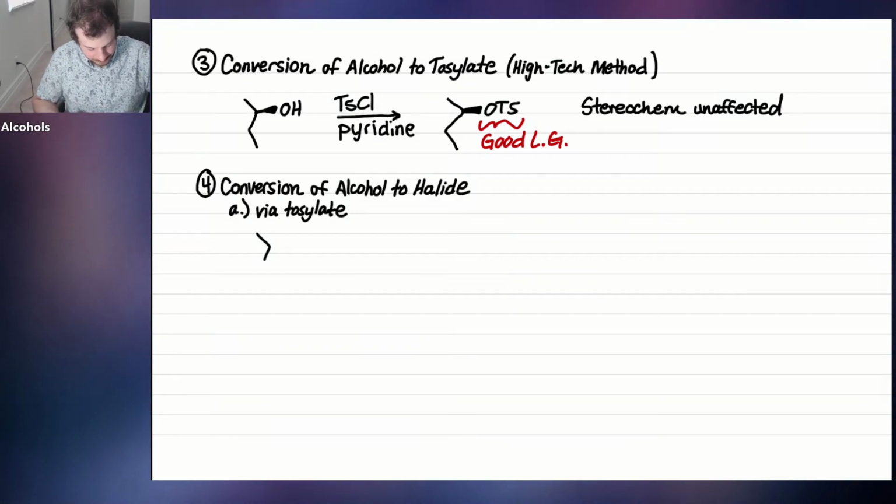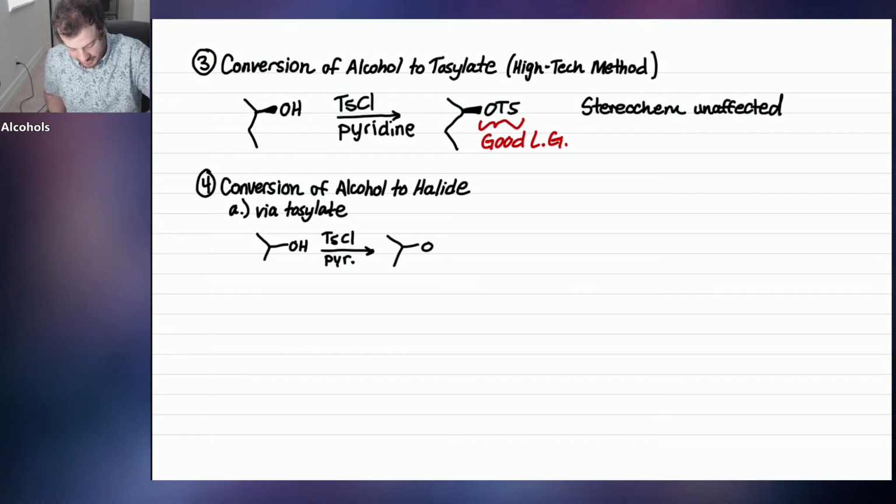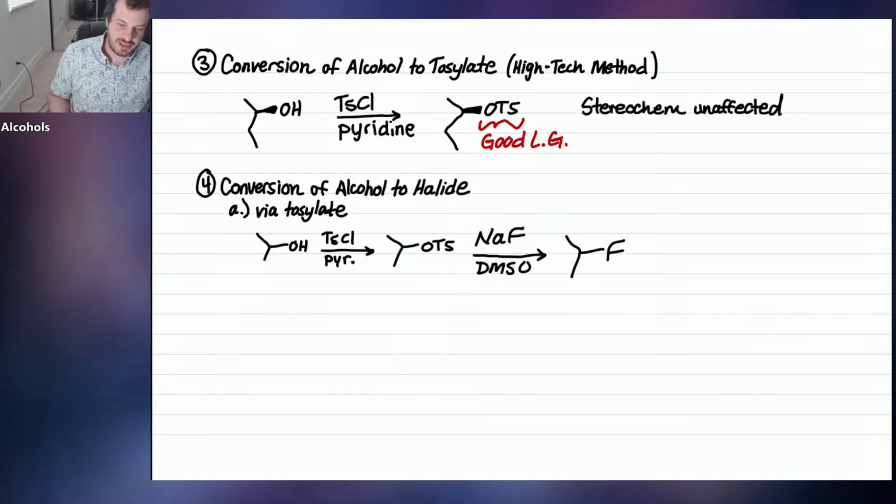For example, take an alcohol and treat it with tosyl chloride and pyridine. Sometimes pyridine is abbreviated PYR. And that's going to make the tosylate. And then we can just treat the tosylate with a nucleophile and do SN2 or SN1. So we could treat it with, for example, sodium fluoride in DMSO solvent, a polar aprotic solvent. And that's going to replace our tosylate, which is a good leaving group, with F. So this is just SN2.